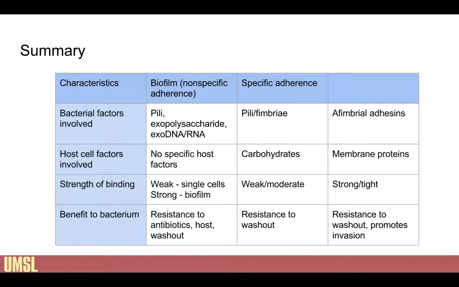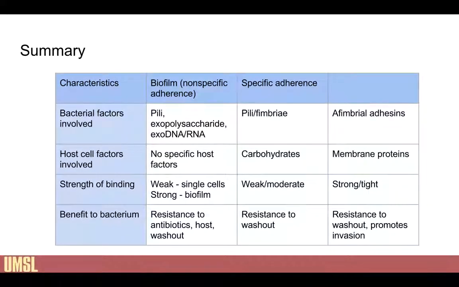Pili are usually binding to carbohydrates, while afimbrial adhesins are typically binding to membrane proteins or glycosylated membrane proteins. Pili interactions are very weak, whereas afimbrial adhesin interactions are very, very strong and very, very specific.